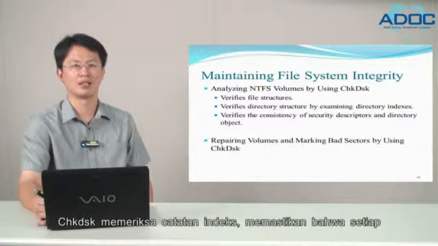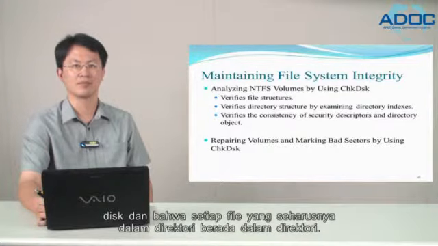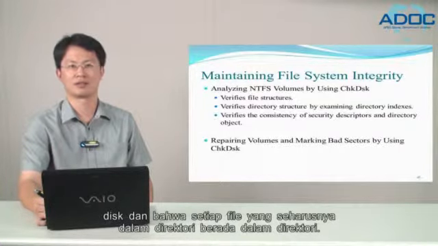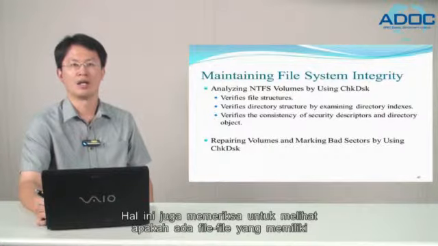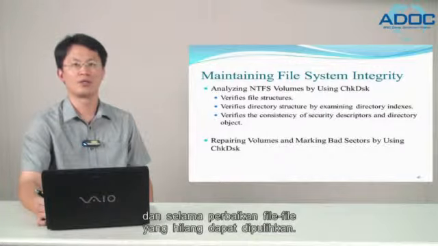Check Disk examines the index records, making sure that each index record corresponds to an actual directory on the disk, and that each file that is supposed to be in the directory is in the directory. It also checks whether there are files that have MFT records but don't actually exist in any directory. And during repair, lost files can be recovered.